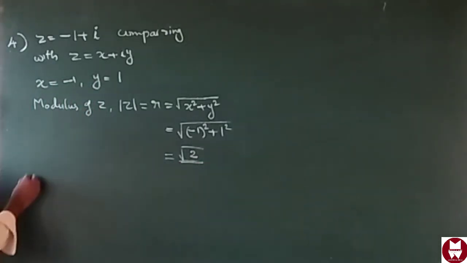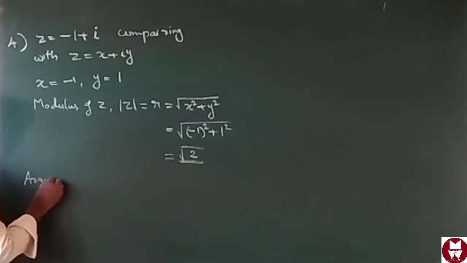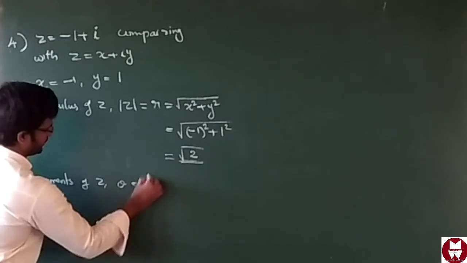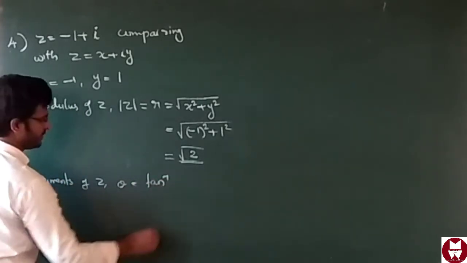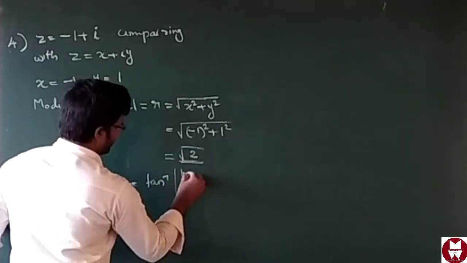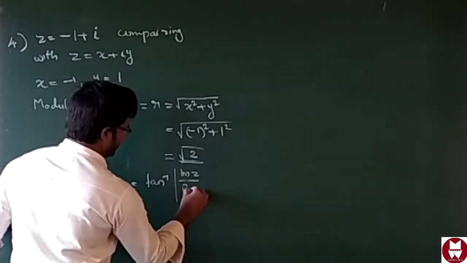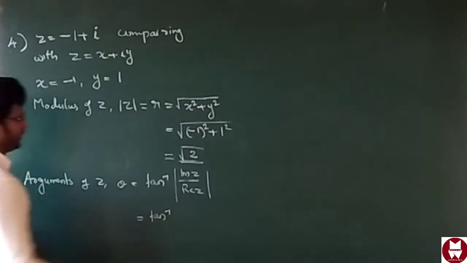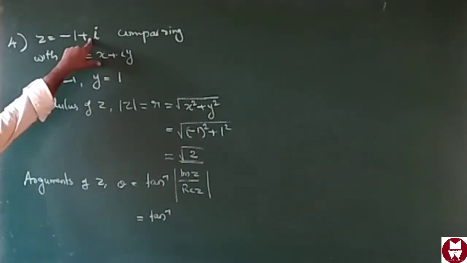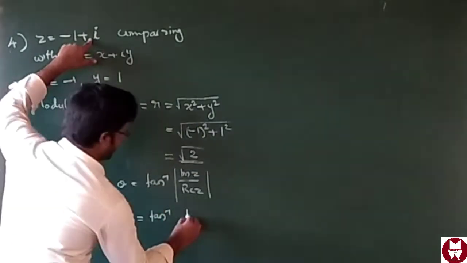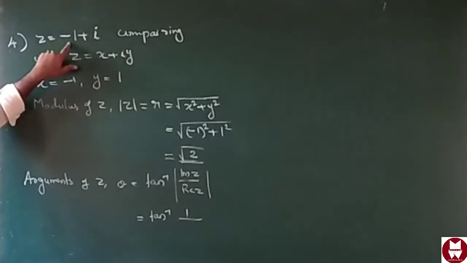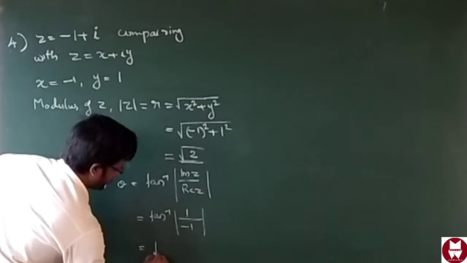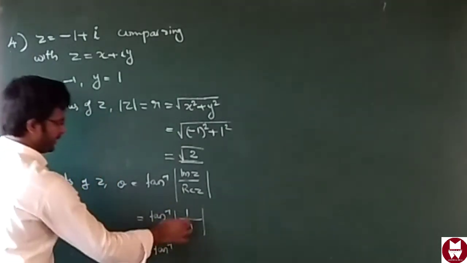Then the argument, theta, we need of z. That formula is theta equal to tan inverse of modulus of imaginary part of z by real part of z. What is the imaginary part? Imaginary part here is 1, isn't it? 1 divided by real part, minus 1, equal to tan inverse of 1 divided by minus 1.